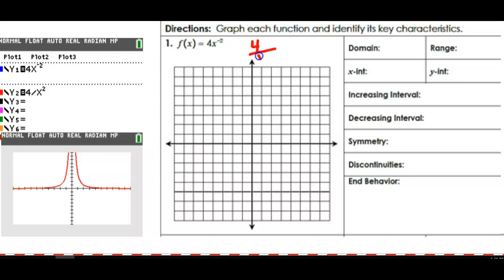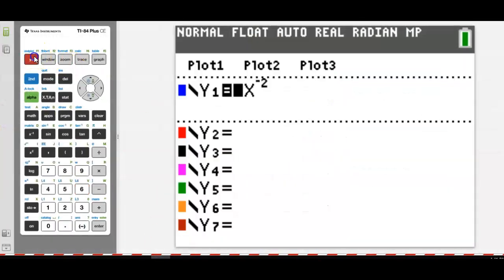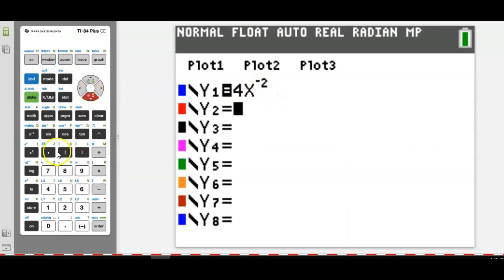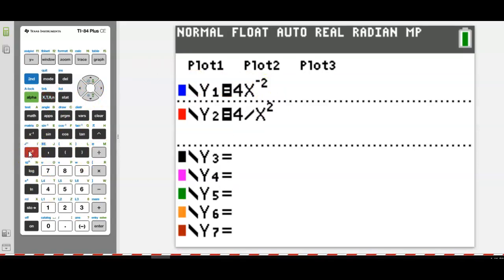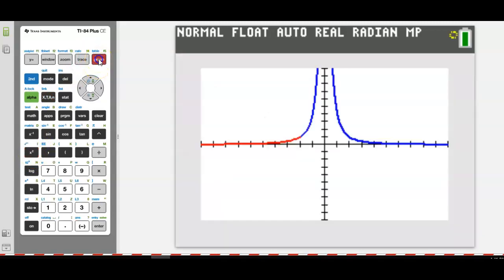So here's one that has a negative x squared. So you could write this in your calculator as either 4x to the -2, which I happen to have saved to show you. Here's 4x to the -2, and then I wanted to show you it is the same as 4 divided by x to the +2. So I graphed the first one in blue and the second one in red, and if you watch, the red just went right over the top, okay?